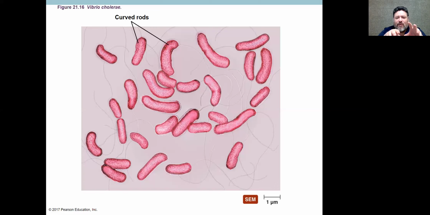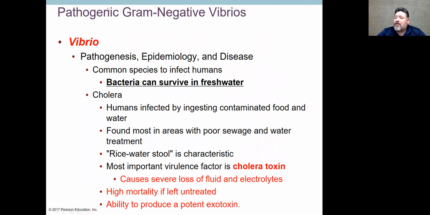And so this fresh water becomes potable water, water that we drink, and that's the one that we end up consuming, and that's what ends up causing problems. Okay, so pathogenic gram-negative Vibrio, again, one of the main significant traits is the fact that it is the only strain that can survive in fresh water. All the other ones require salt water.